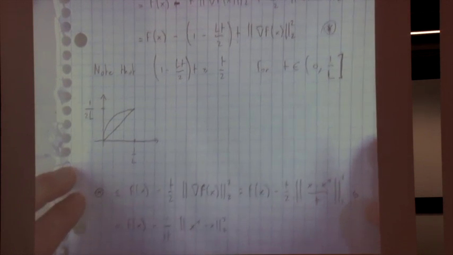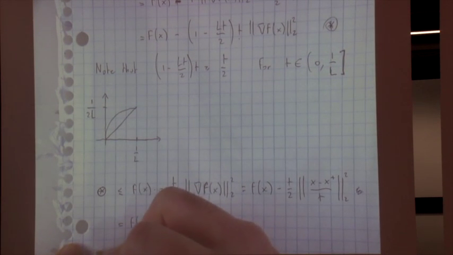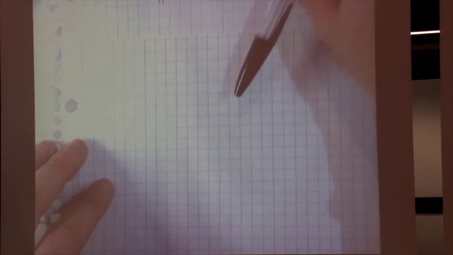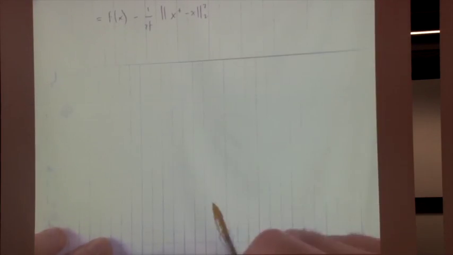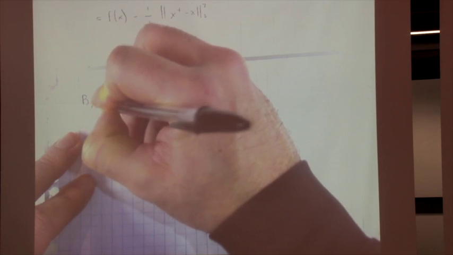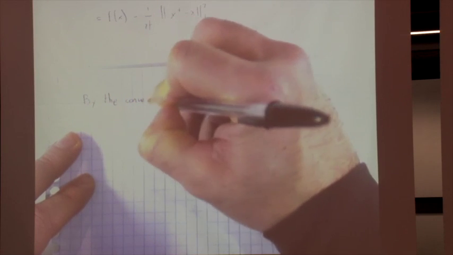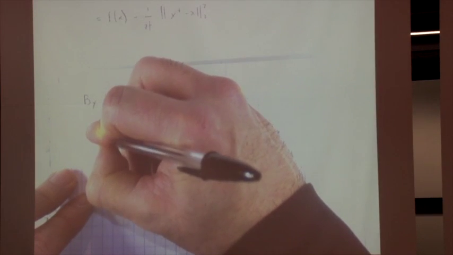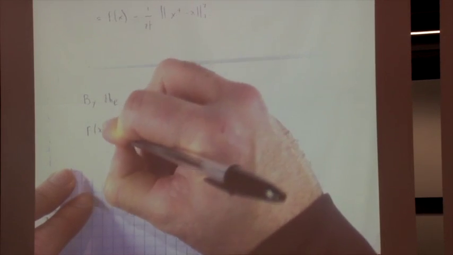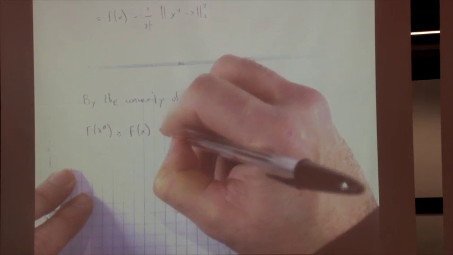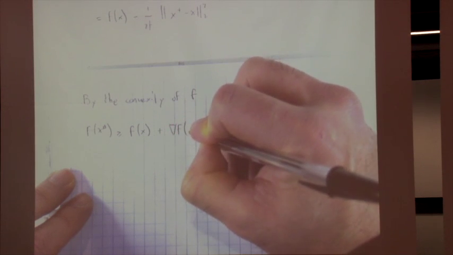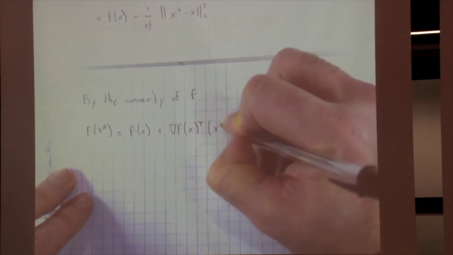Now, this is another trick that we have to use. Notice that, let me put it up here. Okay, so by the convexity of f, we can write that f of x star, so at the optimal value, is larger than f of x plus the gradient of f at x transpose x star minus x.